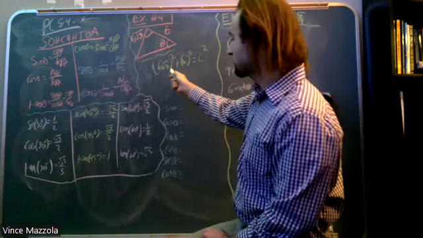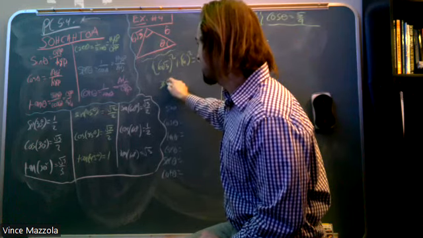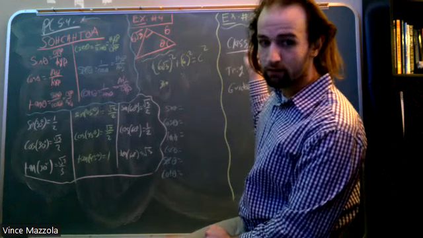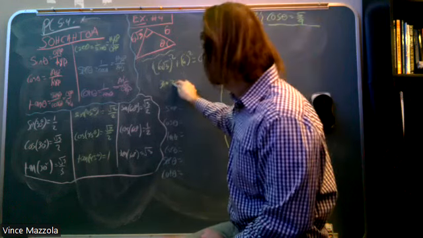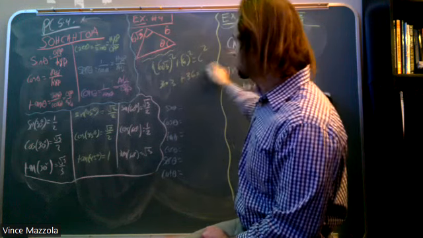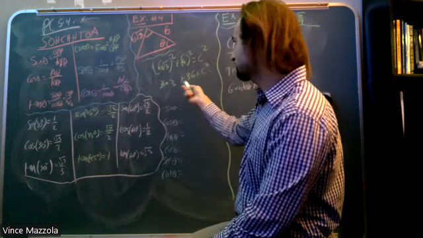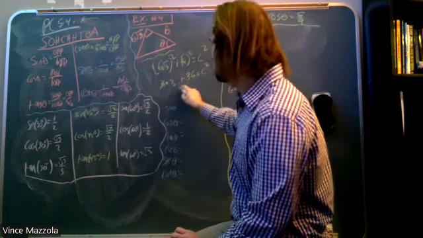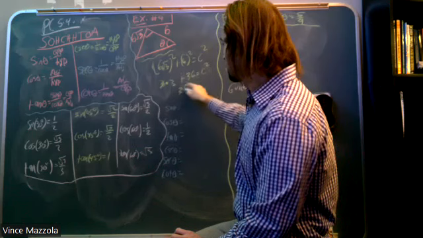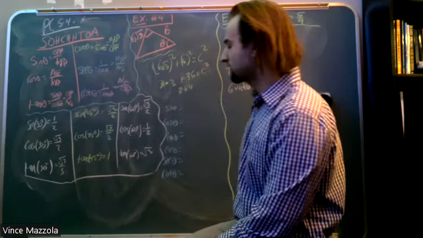So 6 root 3 squared, that's just 6 squared, which is 36, times root 3 squared, which is just 3, plus 6 squared, which is 36, is equal to c squared. And then, 36 plus 36 times 3 is also 36 times 4, because I don't want to do 36 times 3 off the top of my head.